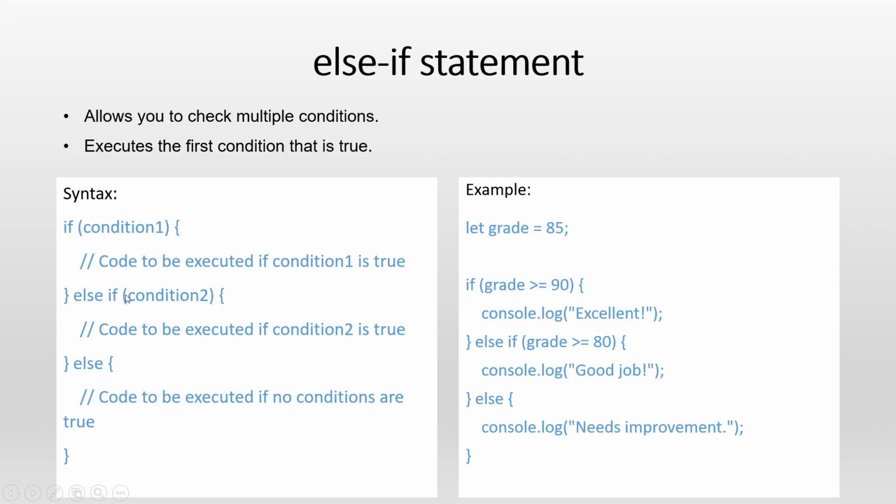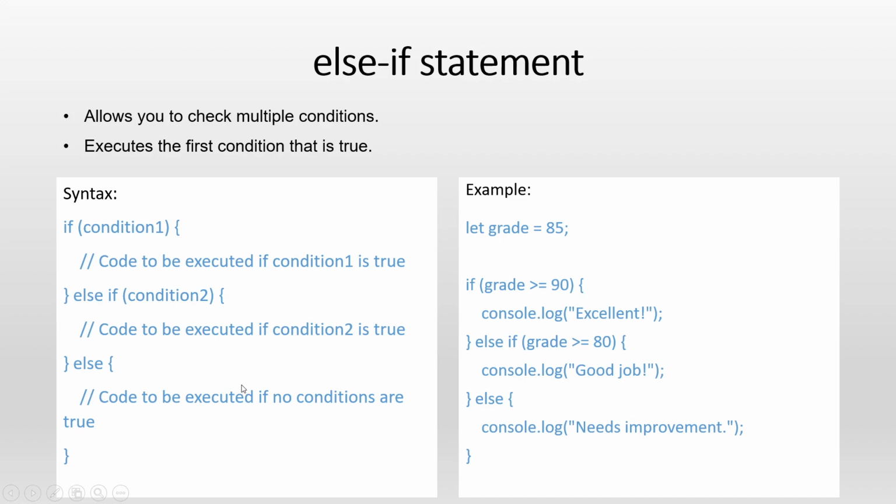Or else it comes to the else if. Let us assume that condition one was false. Next it is going to check the second condition. If this second condition becomes true, this code is going to execute. Then the rest of the code won't be executing.